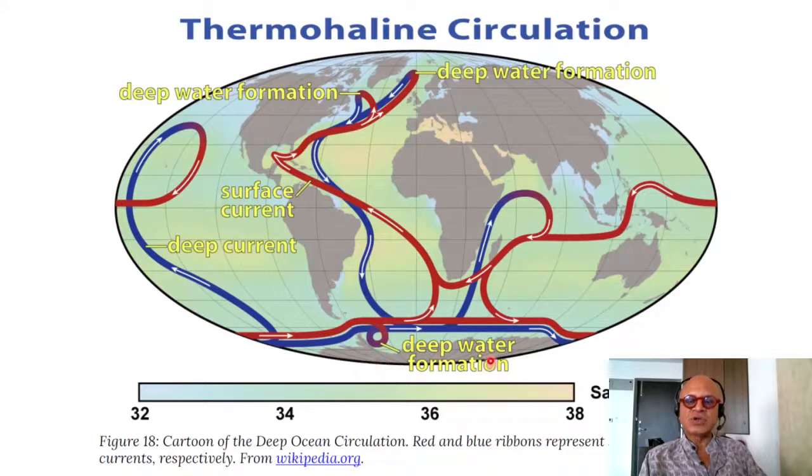In the Southern Ocean also there are a couple of places where deep water forms because the waters are cold enough, and there are ice shelves, sea ice formation and so on, which are able to create the densest water, which we will see in the next podcast.